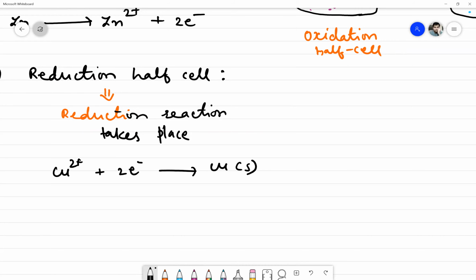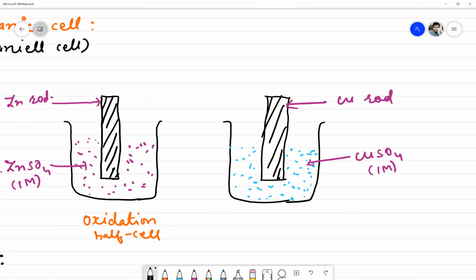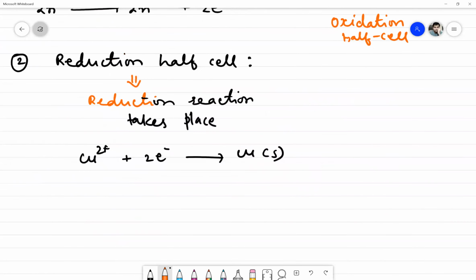Now these two electrodes are connected to an ammeter by using an insulated wire, and this makes the external circuit. So the third component of this galvanic cell is the external circuit.